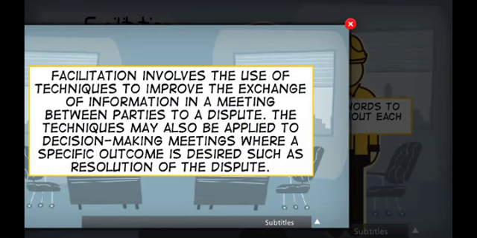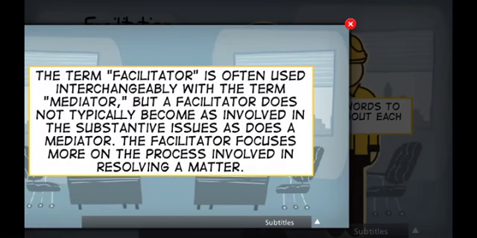Facilitation. Facilitation involves the use of techniques to improve the exchange of information in a meeting between parties to a dispute. The techniques may also be applied to decision-making meetings where a specific outcome is desired, such as resolution of the dispute. The term facilitator is often used interchangeably with the term mediator, but a facilitator does not typically become as involved in the substantive issues as does a mediator.